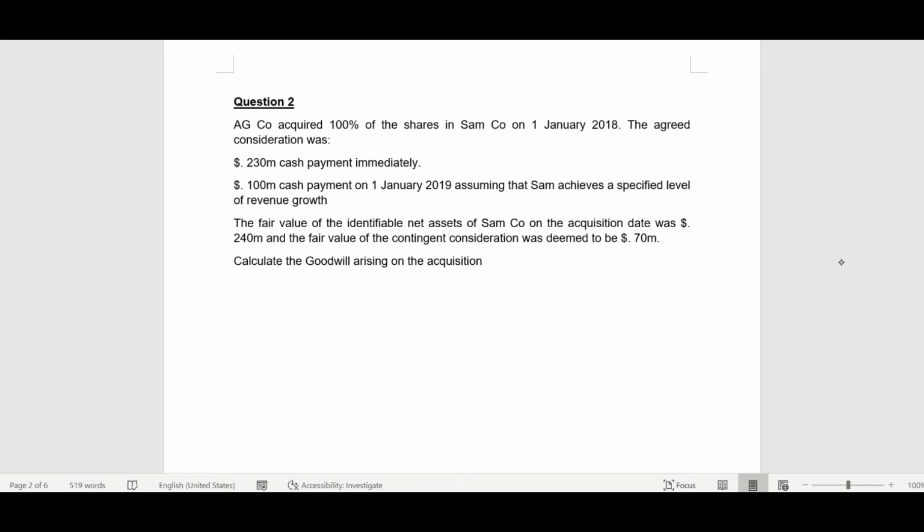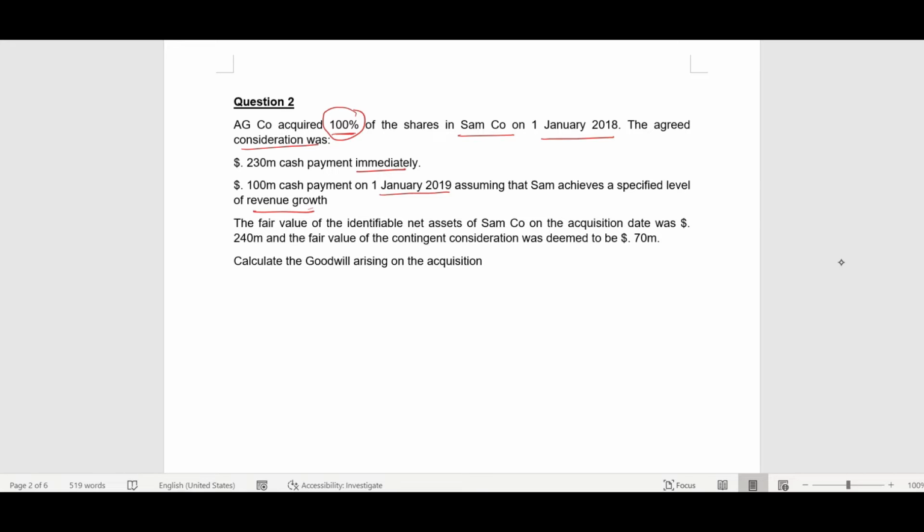AG company acquired 100% of the shares in SAM company on 1st January 2018. The agreed consideration was, since it is a 100% acquisition with no non-controlling interest, a 230 million cash payment immediately, then a 100 million cash payment on 1st January 2019, assuming that SAM achieves a specified level of revenue growth.